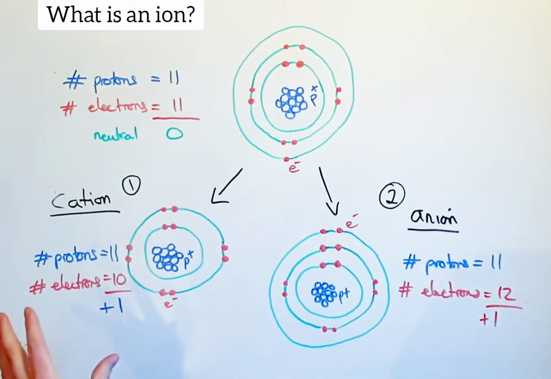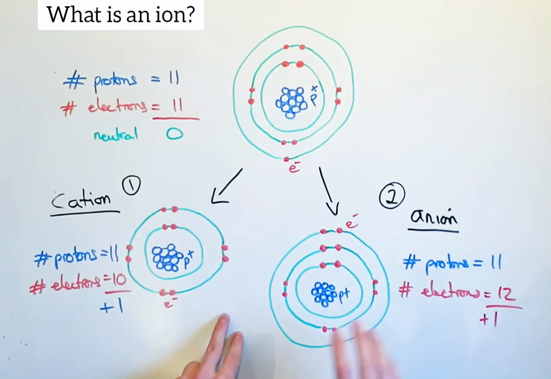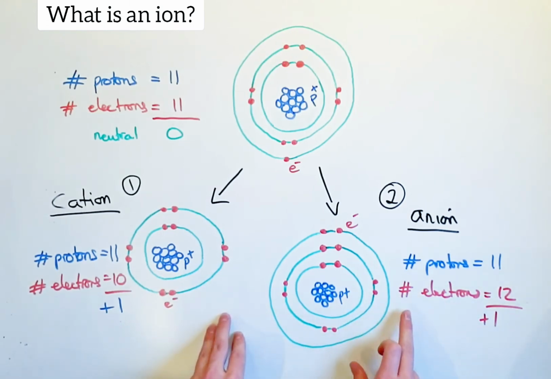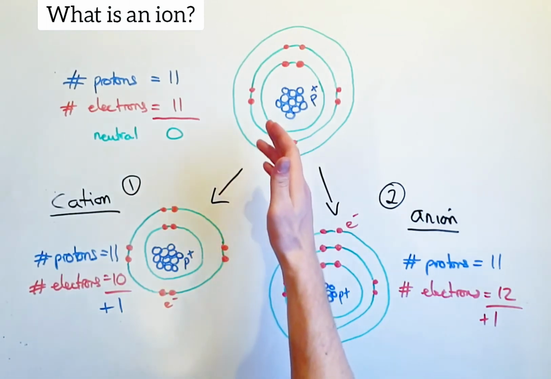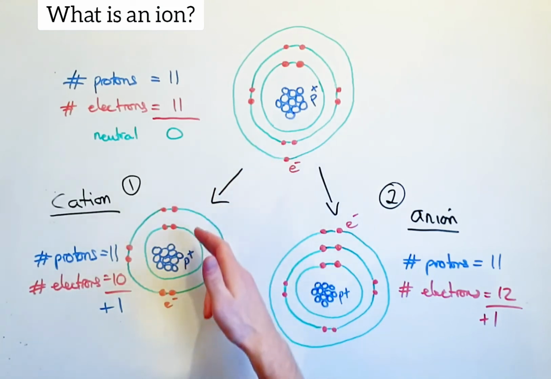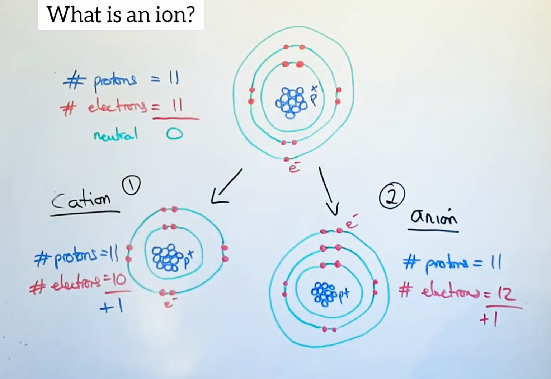So now that we know that we have a cation, which is a positive ion as it has more protons, and we have an anion, which is a negative ion as it has more electrons, we can now say that the process in which our neutral atom goes from neutral to electrically charged is through the process of ionization.